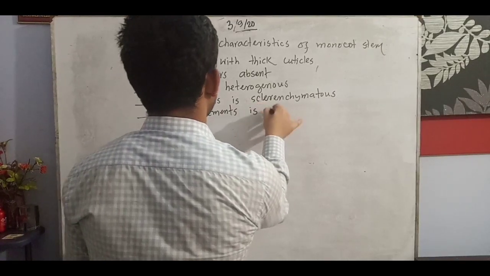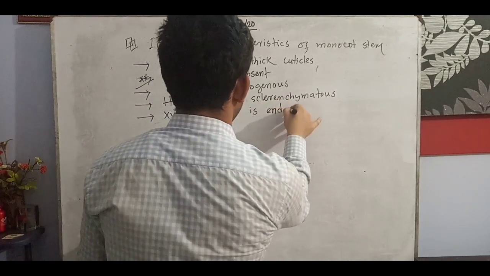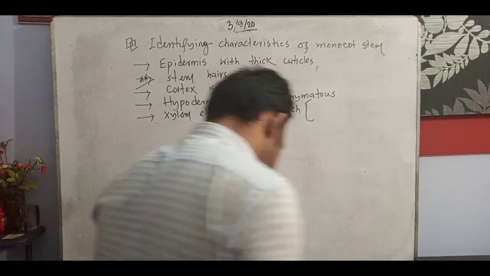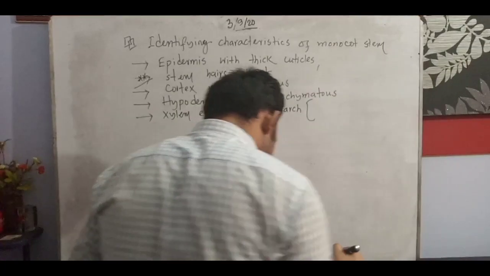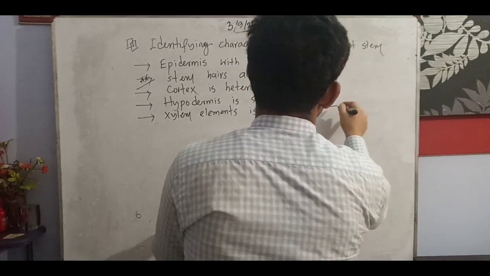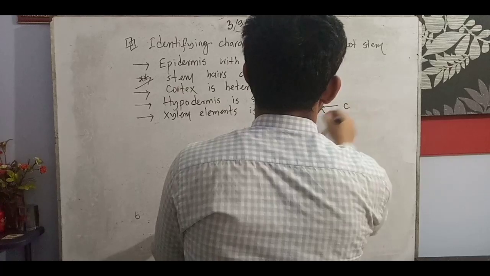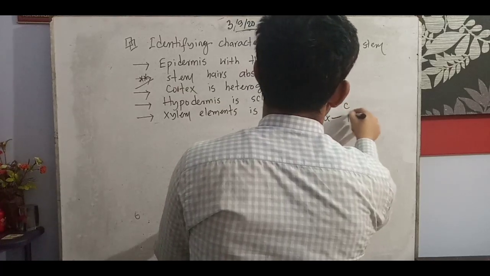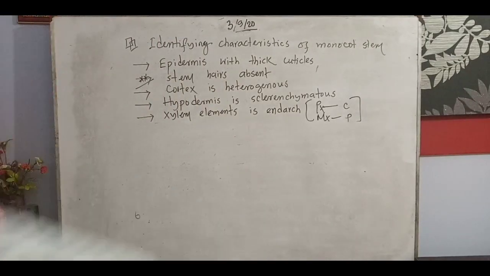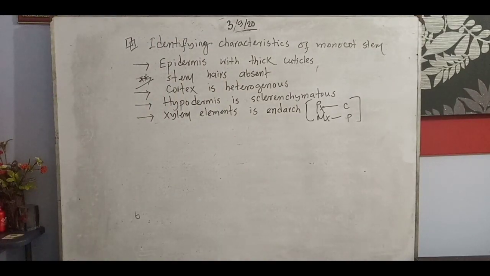I told you protoxylem is toward the center and metaxylem toward the periphery. That arrangement is called endarch, the typical feature to understand. If asked what endarch is, this is what we will tell.